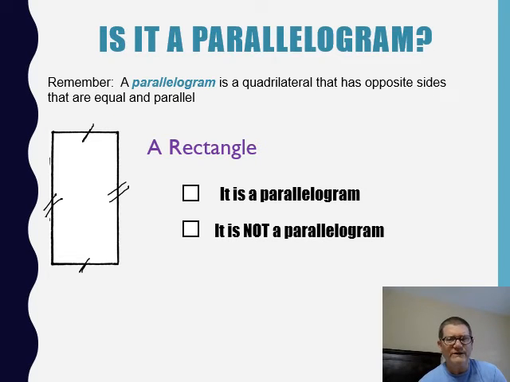And I know that because it's telling me it's a rectangle. So that means it has 90-degree angles right here, so I know it has to be parallel. Now, the right angles have nothing to do with it, though, because for a parallelogram, it just says opposite sides that are equal and parallel. So it is a parallelogram.